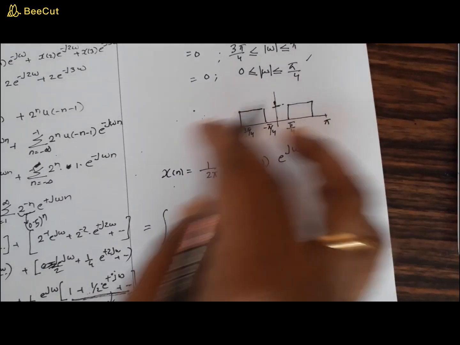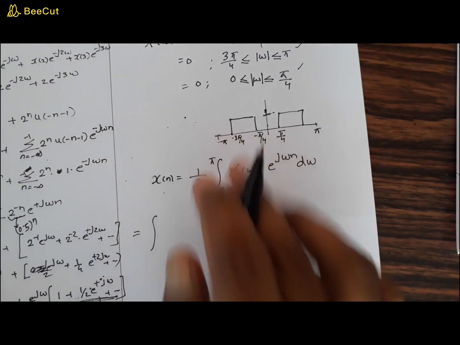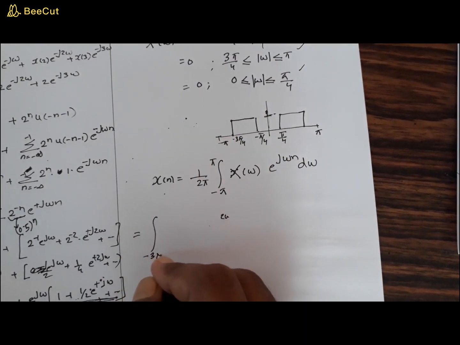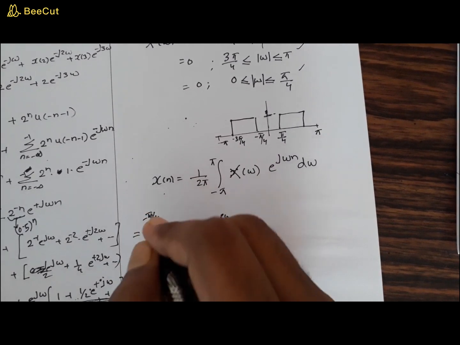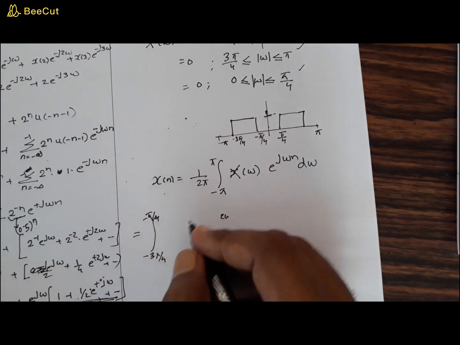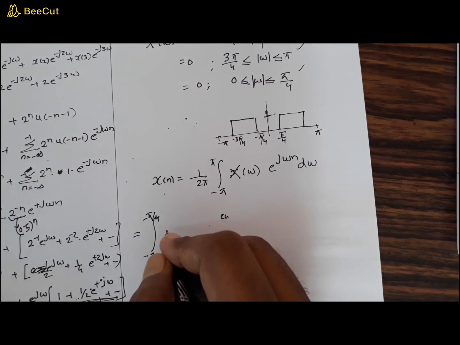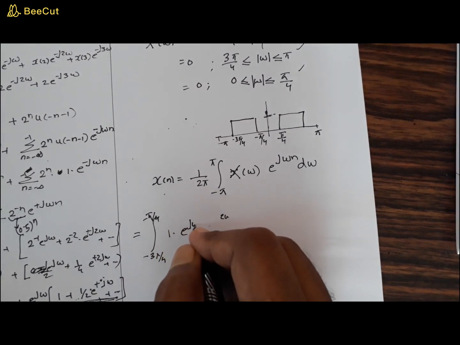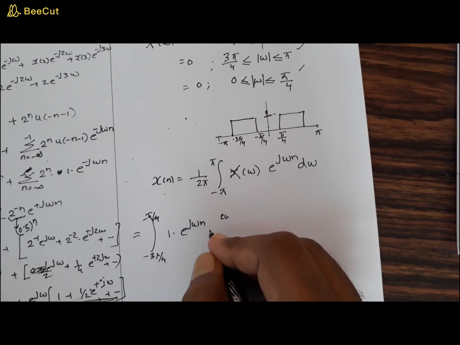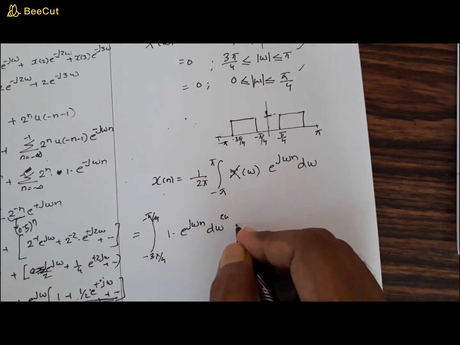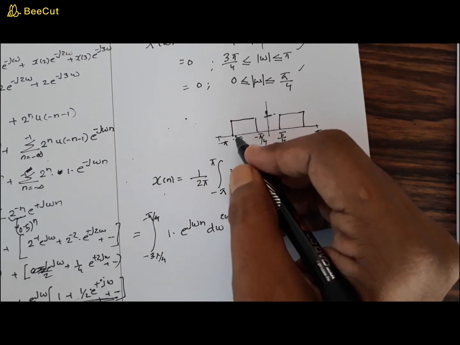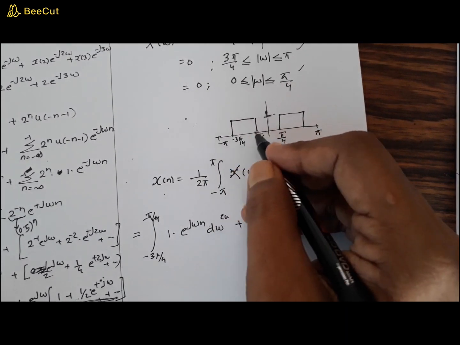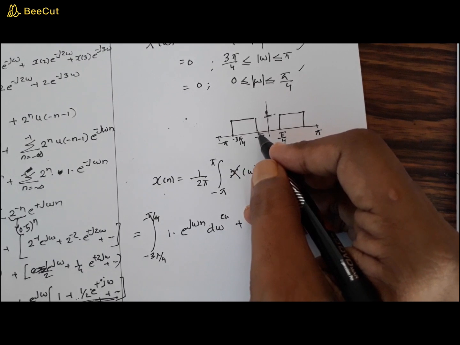In the negative half, the signal only exists from minus 3 pi by 4 to minus pi by 4, and there the value is 1, that into e raised to j omega n d omega, plus all the rest. So minus pi to minus 3 pi by 4 is 0, minus 3 pi by 4 to minus pi by 4 is 1.